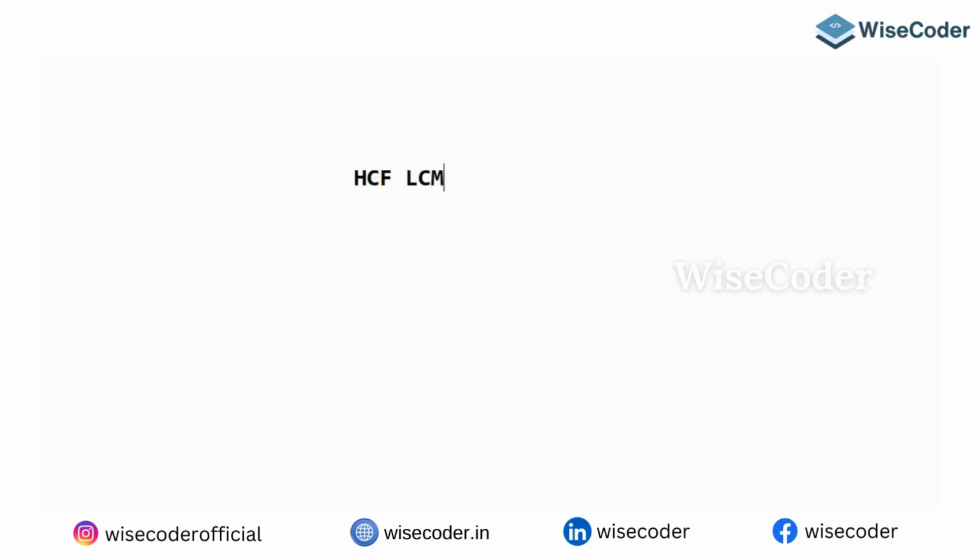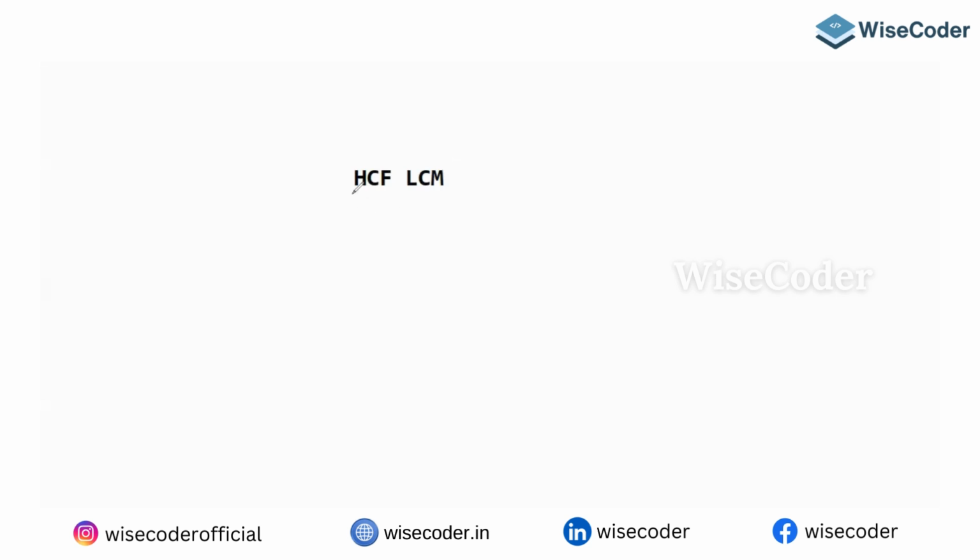Guys, least common multiple of a set of numbers is the smallest number that can be completely divided by all the given numbers. Completely divided by all the given numbers is called what?